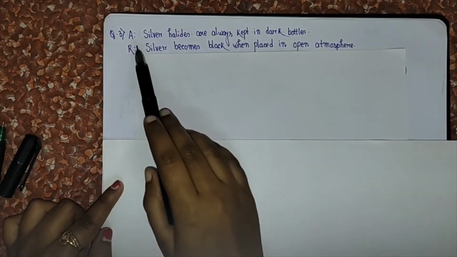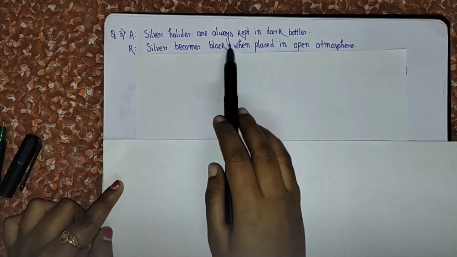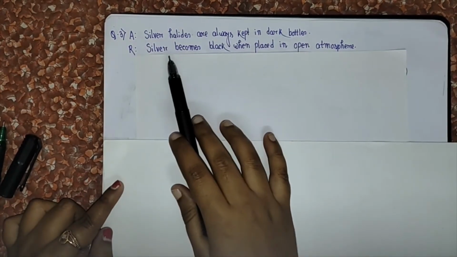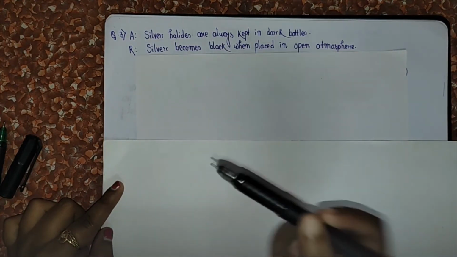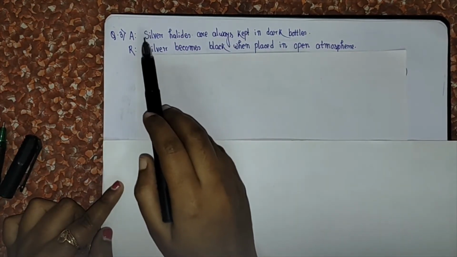What is the next question? Assertion: silver halides are always kept in dark bottles. Reason: silver becomes black when placed in open atmosphere. The assertion is correct.